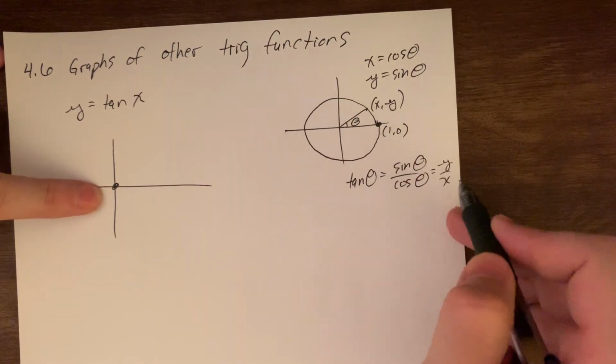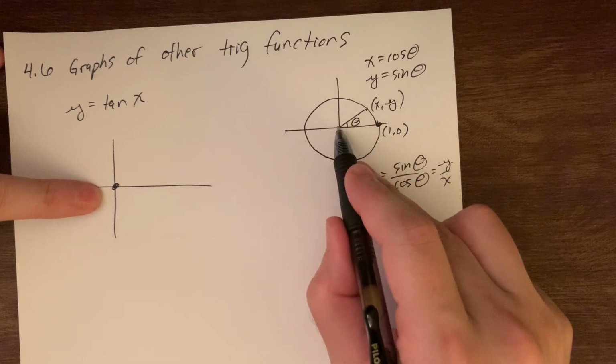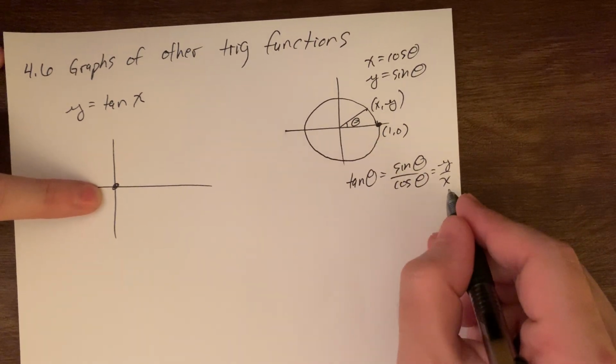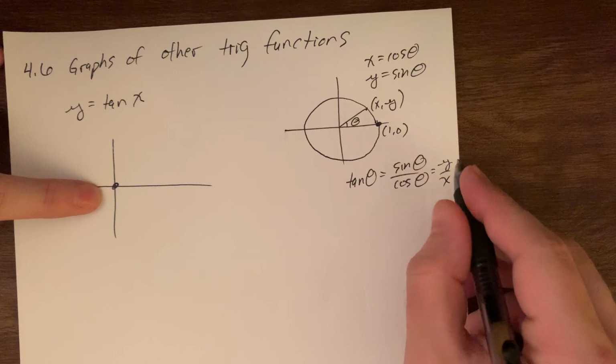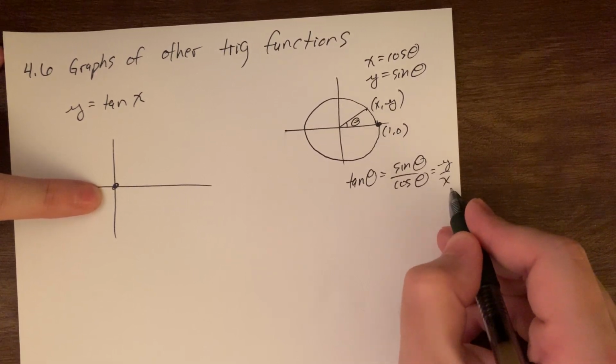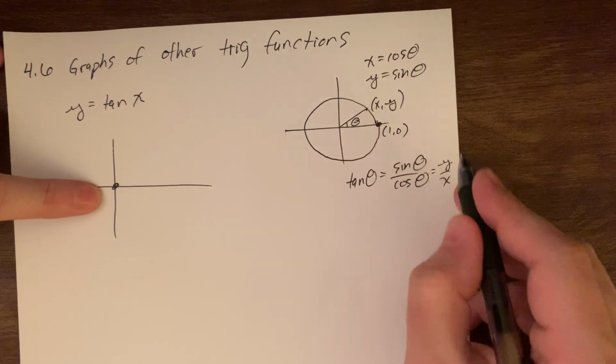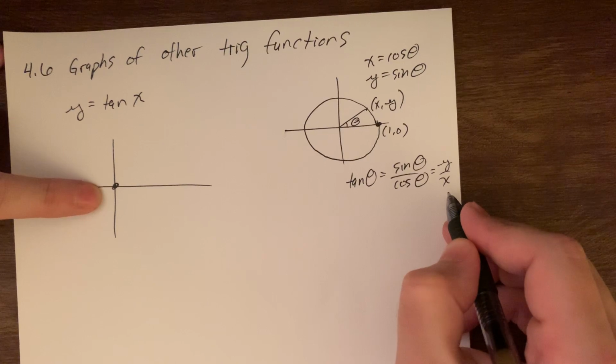So y gets bigger, making the fraction bigger. But what about x? X gets smaller. And that by itself also makes the fraction bigger. 1 over 1/2 is 2. 1 over 1/3 is 3. 1 over 1/5 is 5. 1 over 1/10 is 10.